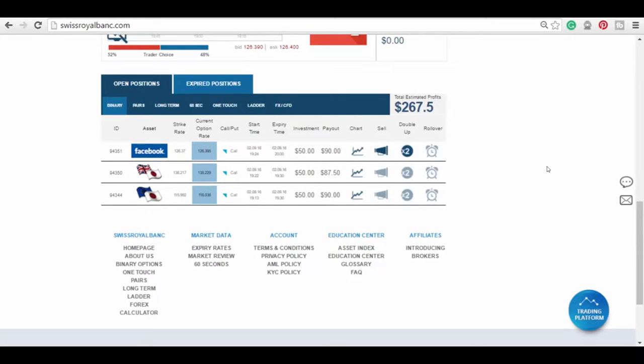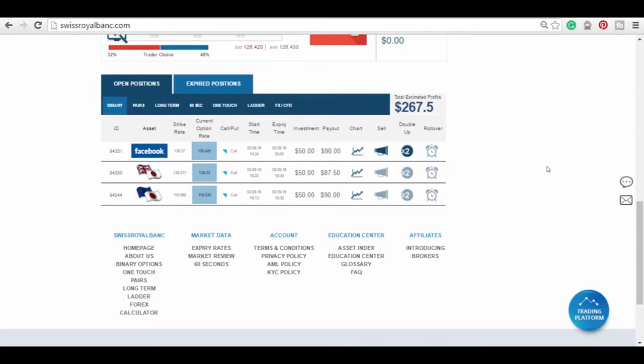I am back. All 3 trades are in the money. It's profitable. We still have about 30 seconds left. Keeping my fingers crossed that they will end in profits. Euro JPY and GBP JPY, both of them are 1930 expiration.